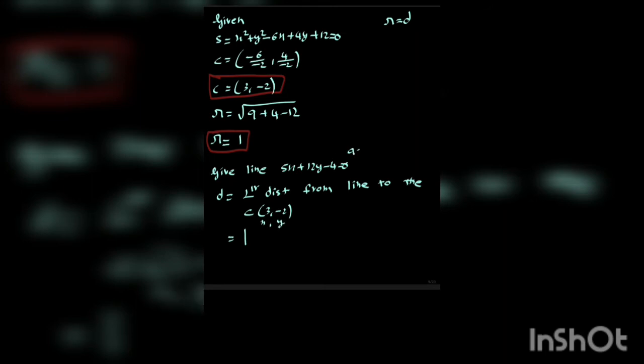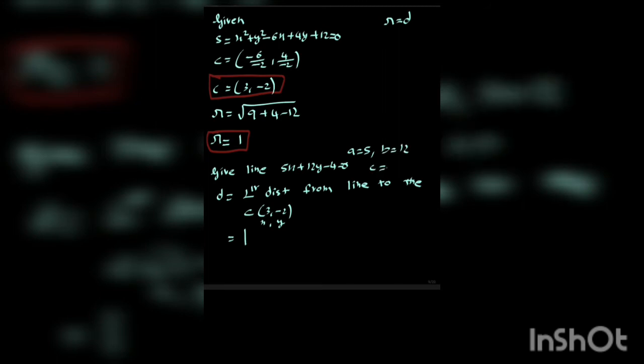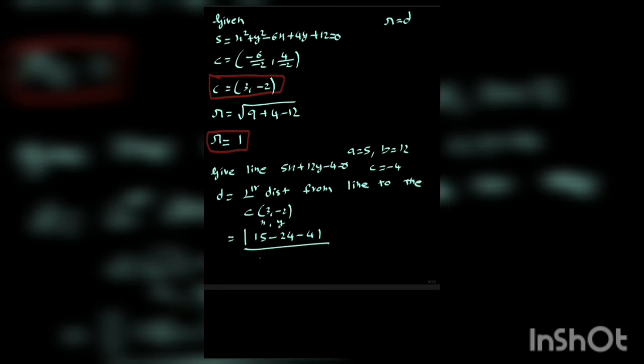And what is A? It is 5, B is 12 and C is minus 4. So Ax1, so 5 into 3, that is 15, plus minus 2 into 12, that is minus 24, minus 4, by root over A square plus B square, that is 25 plus 144.